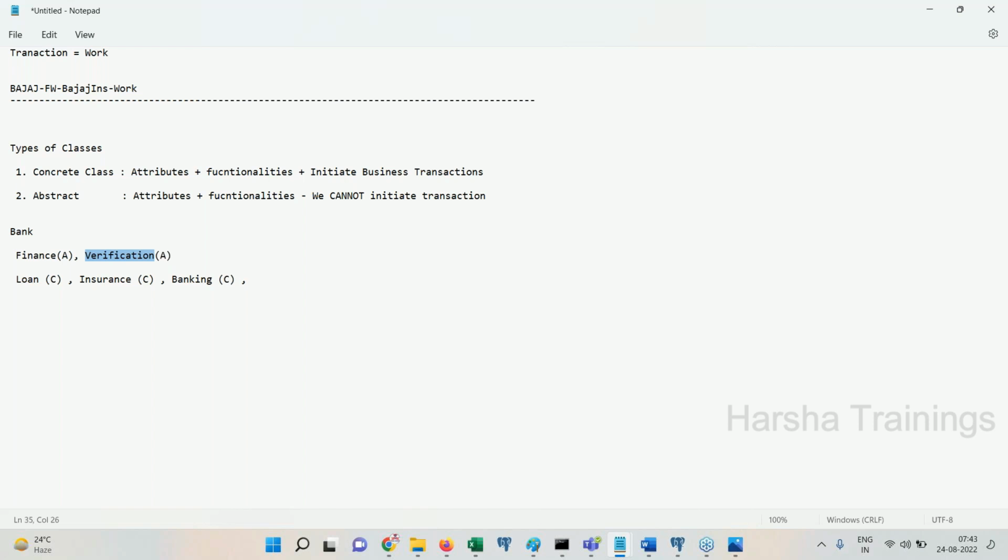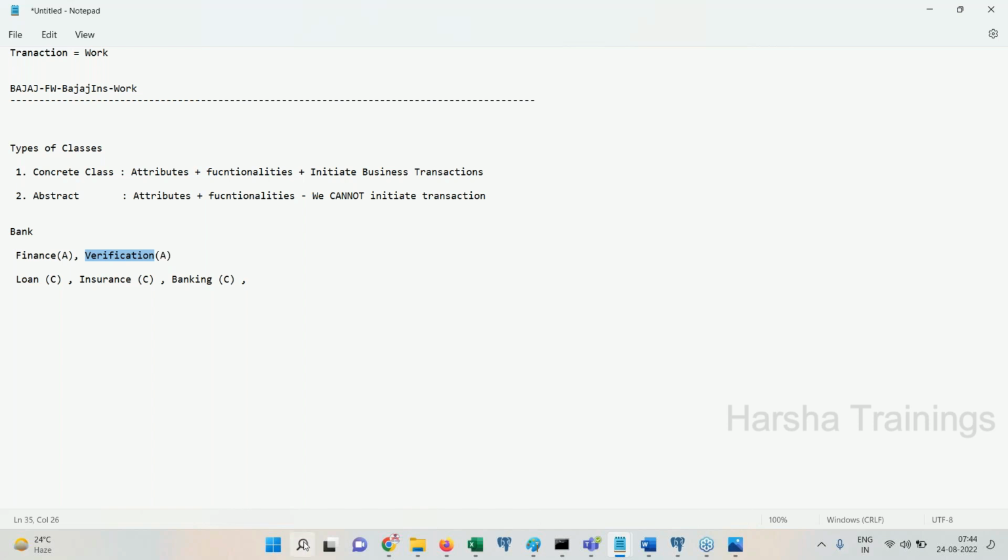If you set up a concrete class, that is the ability you are providing. Even though the necessity is not there, you are providing the ability, and they may create it. So you need to remove that ability. You need to prevent people from initializing business transactions in some of the departments in reality. The same you need in the software application also. That is why abstract classes exist in software technology.